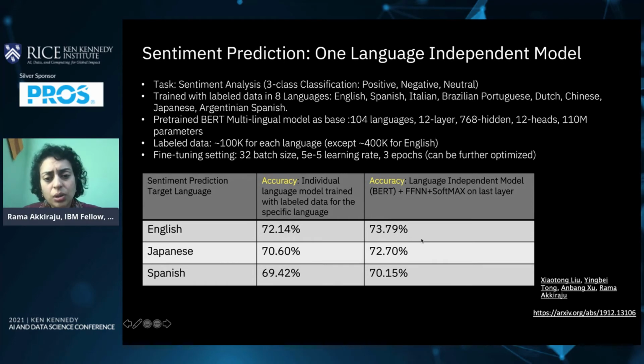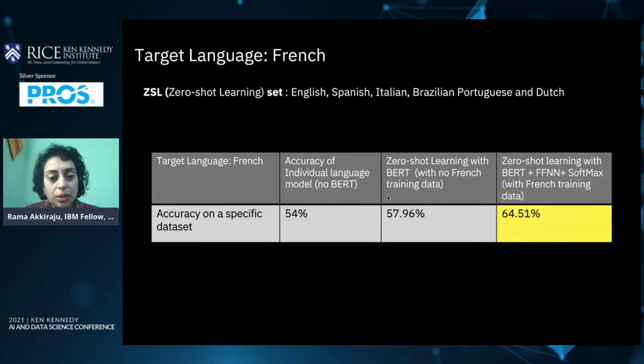So what this shows is that we can actually use these general purpose language models, and by further customizing them at the top levels with more language specific data, we can even get better results. We even went further to see, hey, if I didn't have any training data whatsoever in a language, could I still use these universal language models like BERT? Let's say here we tried it on French.